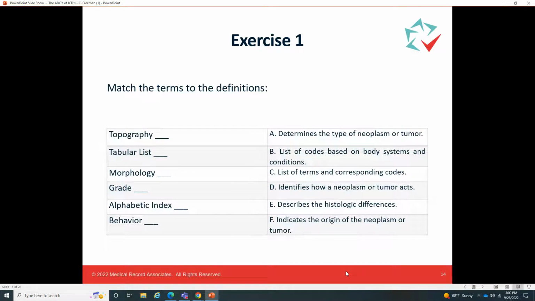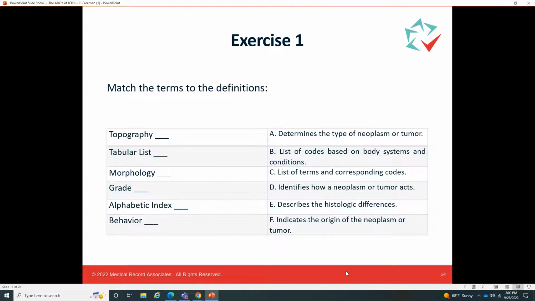Exercise 1. Match the terms to the definitions. We have topography, tabular list, morphology, grade, alphabetic index, behavior.